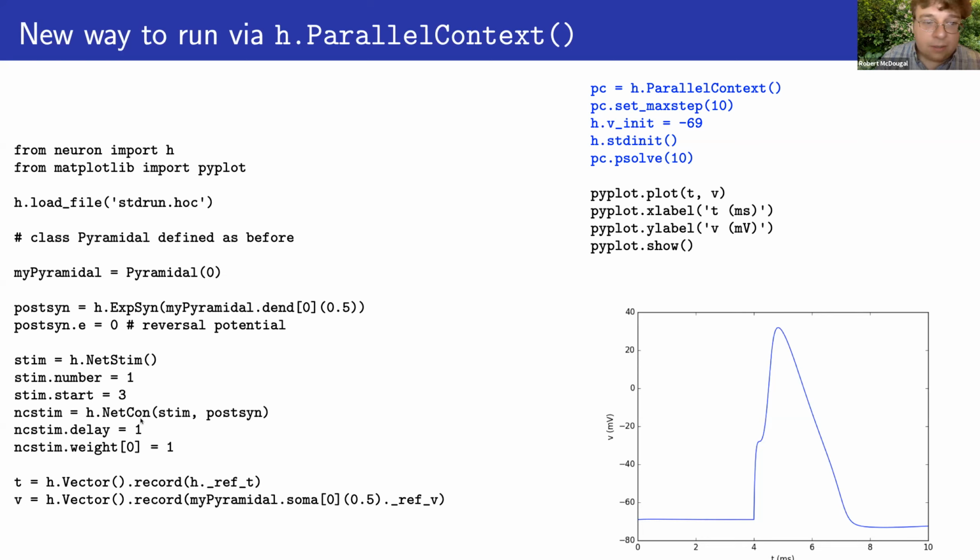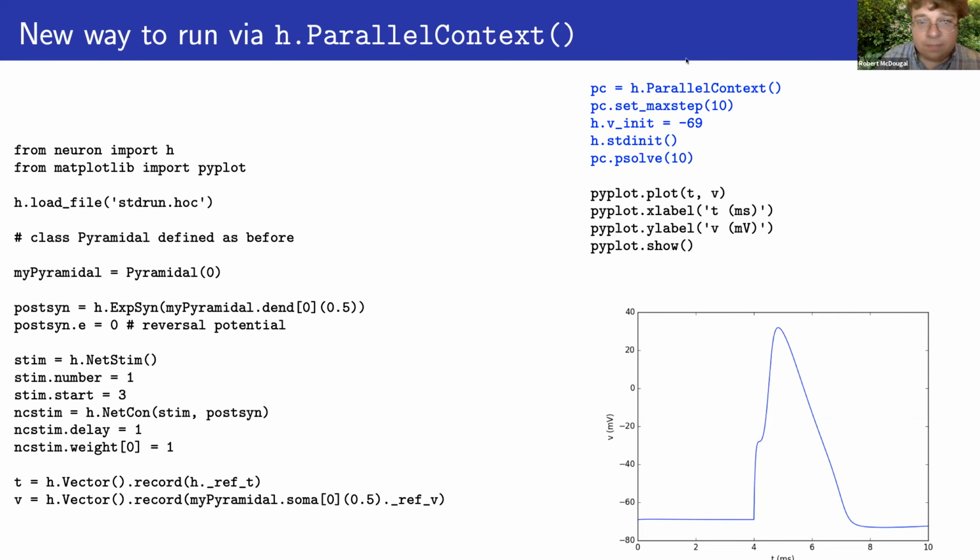A netcon can connect my stimulus to the synapse. I'll give it a certain delay and a certain weight. As we see over here, it is a rather strong weight. And so when that comes on, the membrane potential is going to rapidly rise, but then eventually we will see the more standard action potential looking shape.